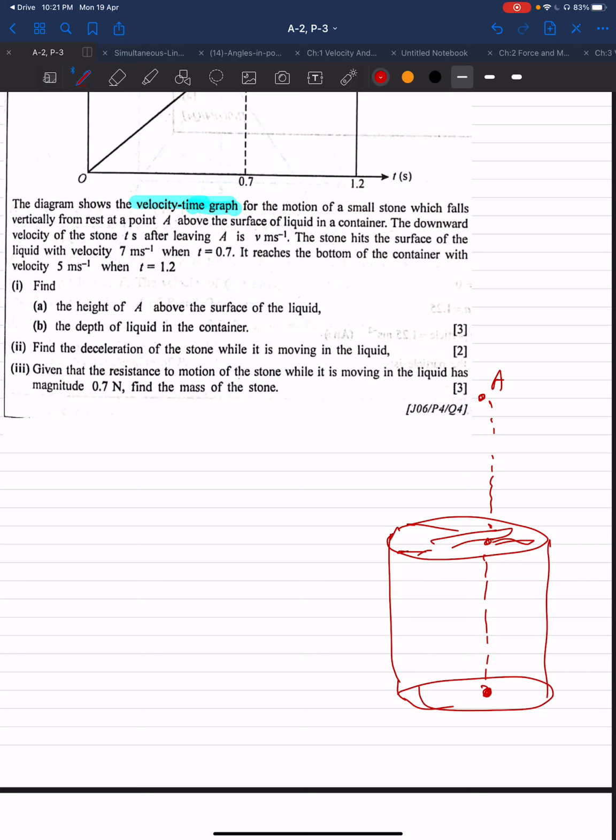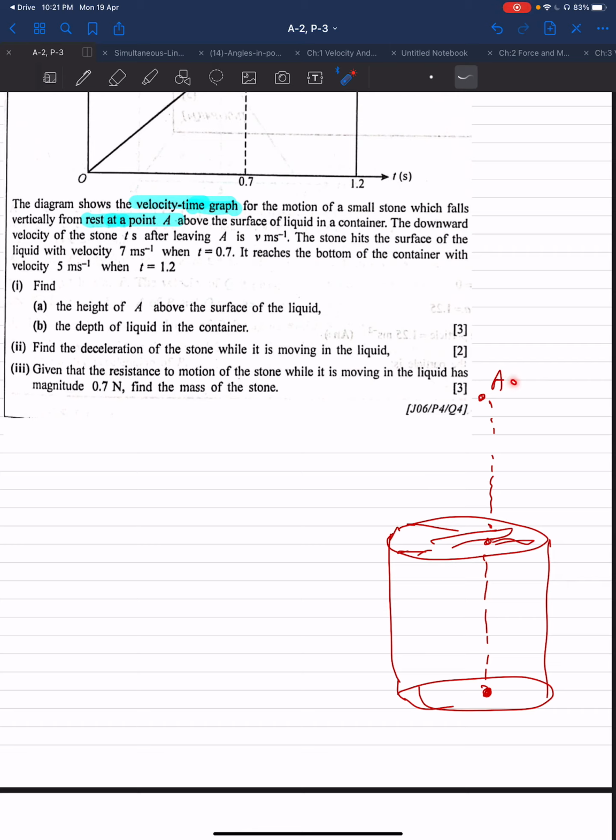It falls vertically from rest. From rest means the velocity was zero. Point A is above the surface of the liquid in a container. The downward velocity of the stone t seconds after leaving A is v meter per second.